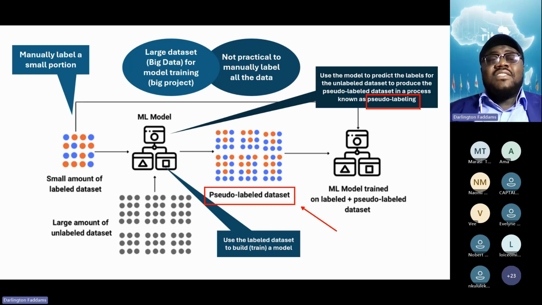When it gives us answers, we will save the answers as they are. Because they don't come from real data and the answers are not verified, we call it a pseudo answer or pseudo label. But we use it anyway. So at the end of the day, all the unlabeled data is now labeled through the model that we built previously.